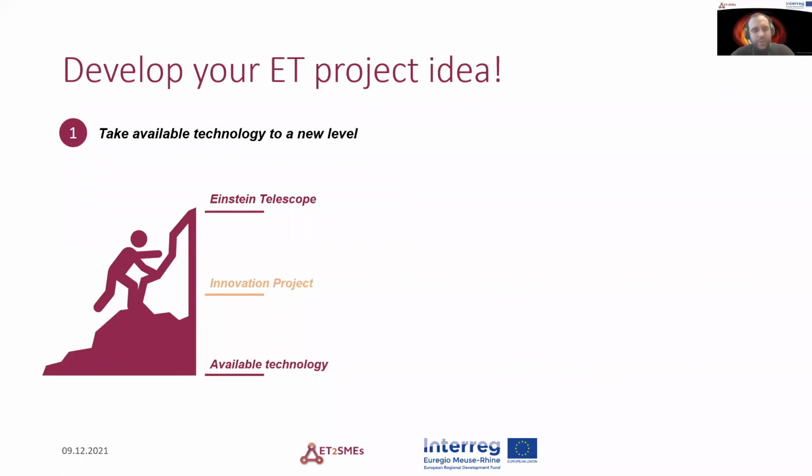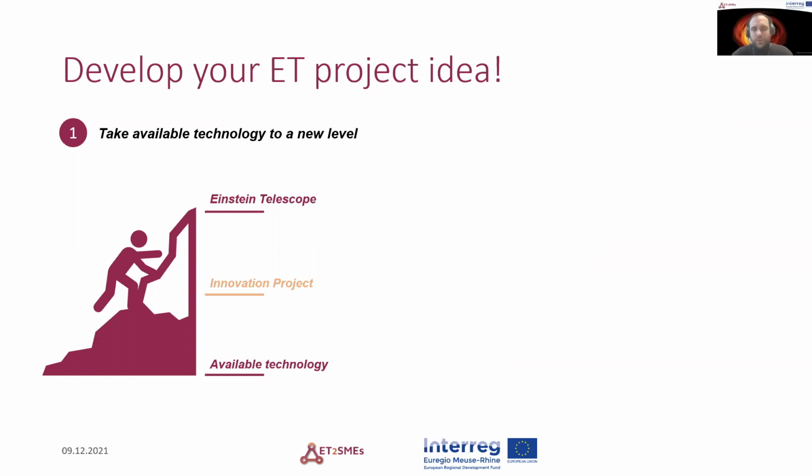For the beginning, it's maybe important to mention that often companies or SMEs are afraid of the extreme specifications of the Einstein telescope: cooling to 10 Kelvin, ultra high vacuum systems. But the goal of these innovation projects is not merely to reach these Einstein telescope specifications directly, but to bring your technologies closer to that level.